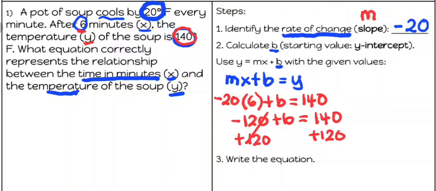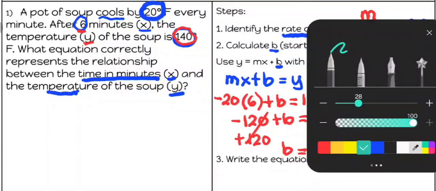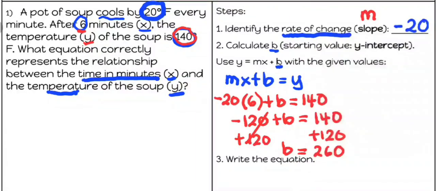Okay, this one canceled out. Now b is equal to 260. So now we have the value of b, which is 260.